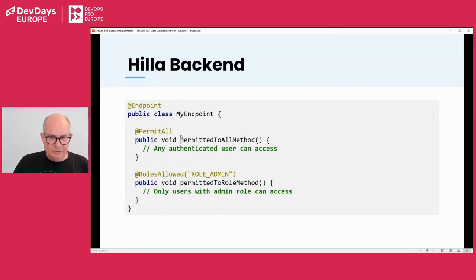And what's important to mention is that all the endpoints are secure by default. So we have to add security annotations to tell Hilla who can access the methods. For example, this one is annotated with PermitAll. That means everybody that is logged in can use the method, or we can specify it, for example, RolesAllowed, and define one or more roles that can access the endpoint.